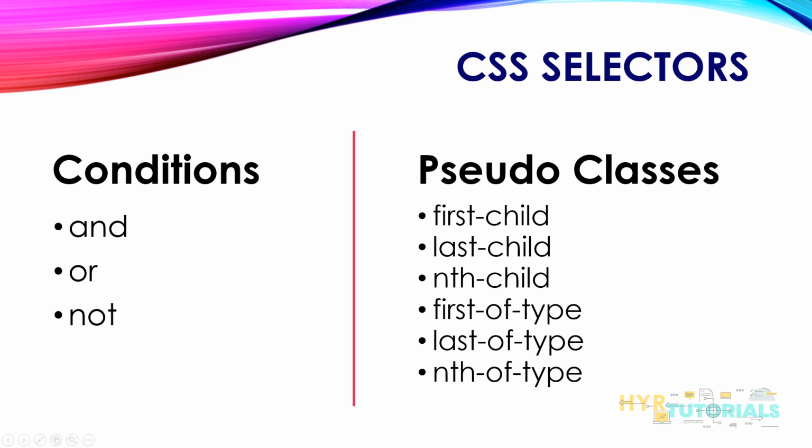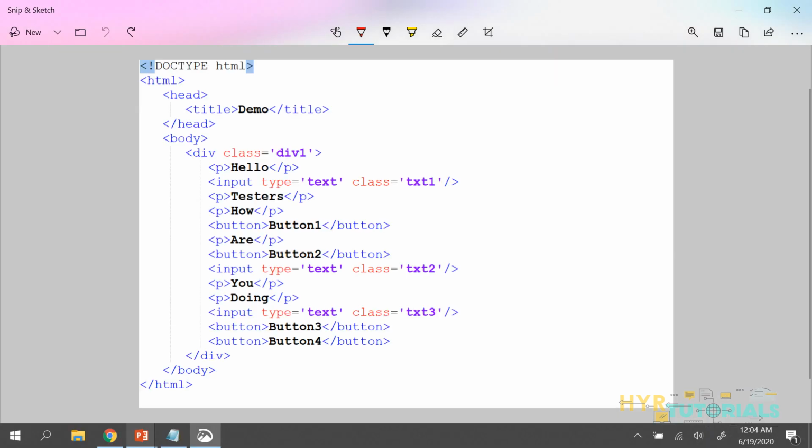Let me open the sketch here. I have a sample HTML page with one div, and inside the div I have p, input and buttons. My cursor is on this div, and I want to identify the first child of this div. How can I do it? I need to pass the index, right?